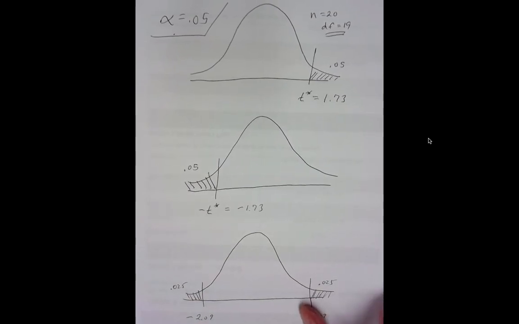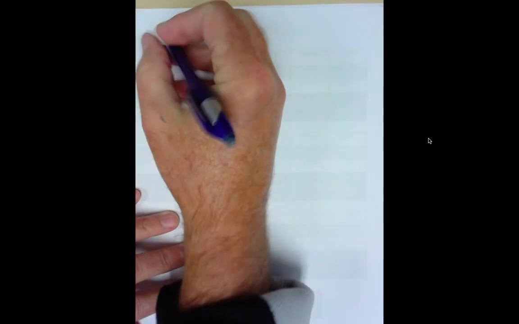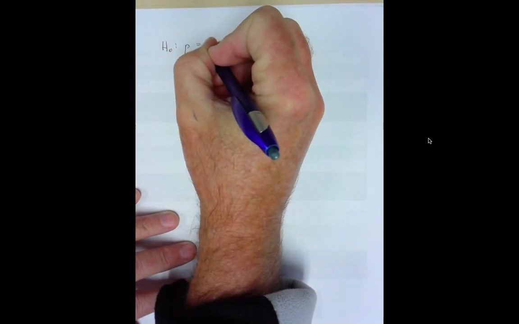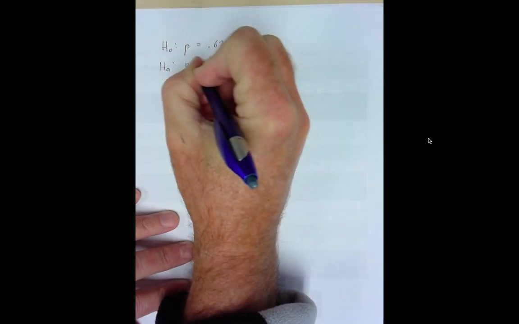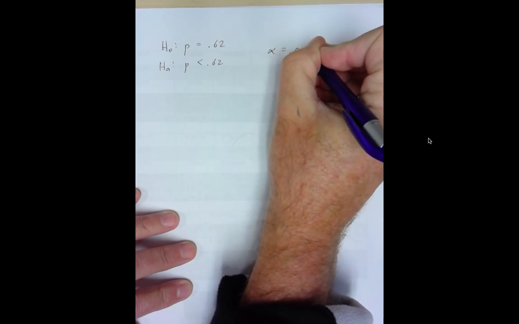All right, now, what happens if we use a z-critical? So we're doing a hypothesis test for a proportion, say maybe 62% versus p less than 62, alpha equal 0.05.